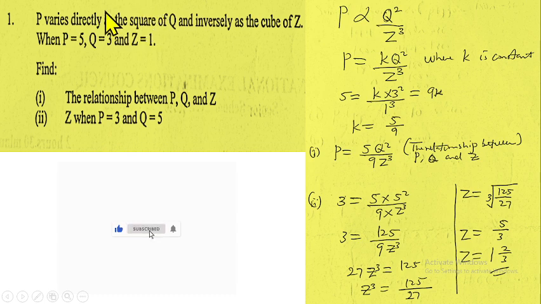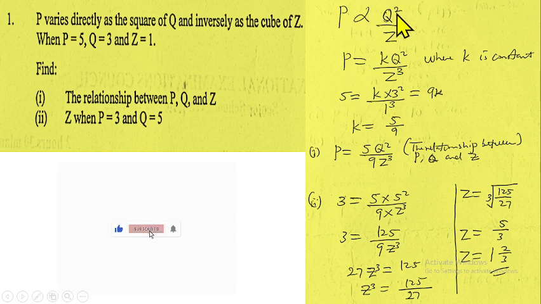So the first thing you need to do is to interpret this statement mathematically, and you have P varies as the square of Q and inversely as the cube of Z. So this statement is what gives us this, where this sign is the variation sign.